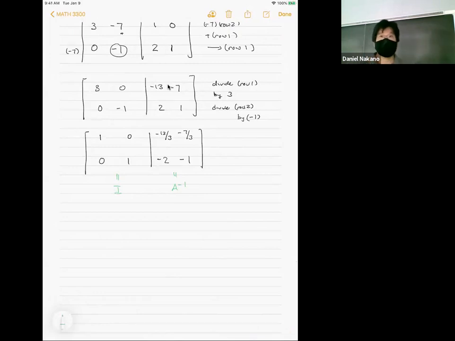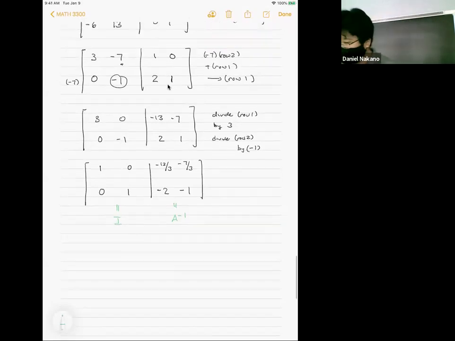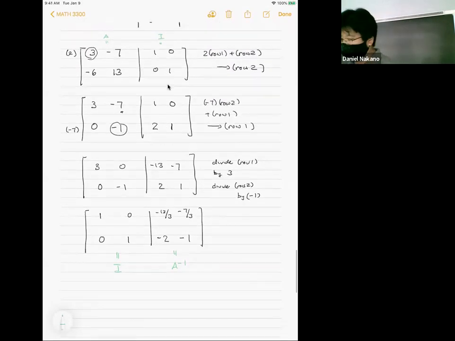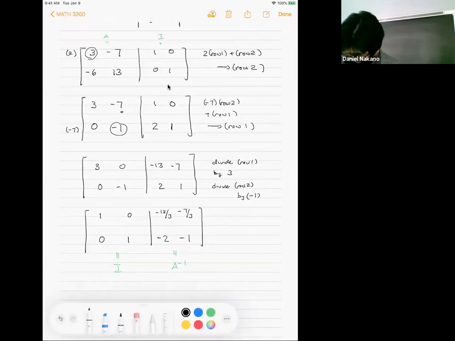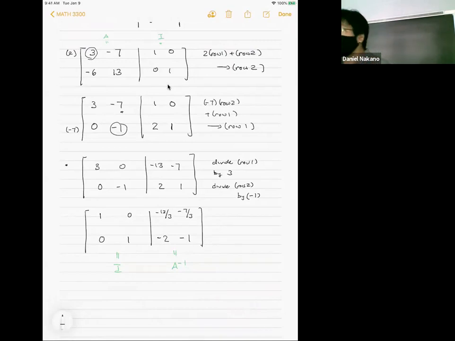Okay, any questions on this? How we did this? Oh, I divided. What I did was I took this matrix up here, and I took the first row and divided it by 3.